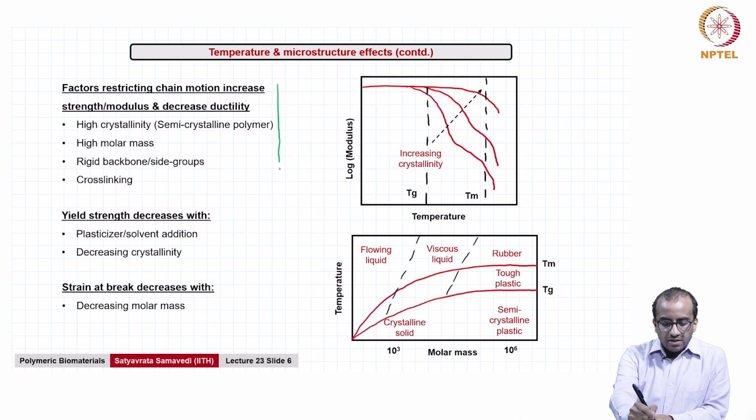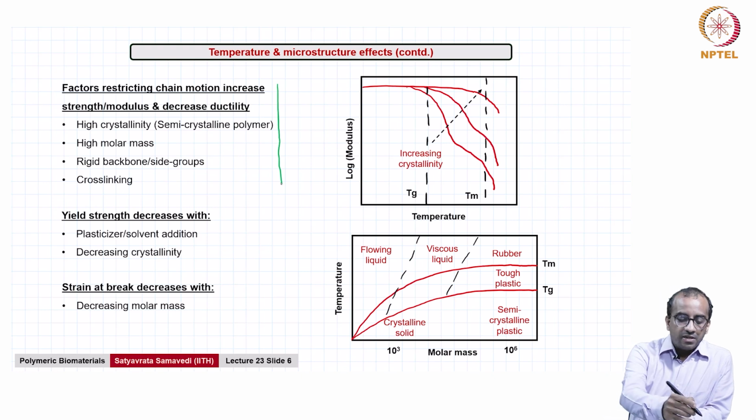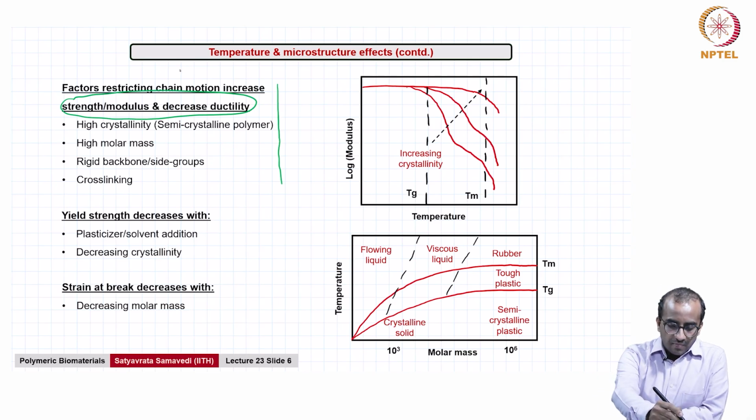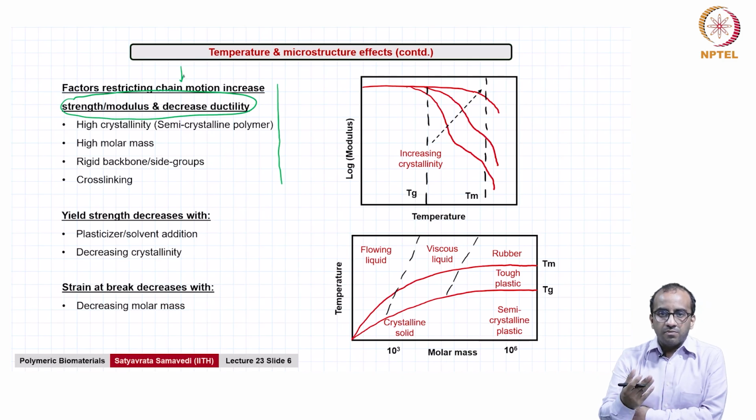The first thing we are looking at here is to note that the factors that restrict chain motion or segmental motion increase the strength or modulus and decrease ductility. And we have earlier seen in previous lectures factors that restrict chain motion or hinder segmental mobility.